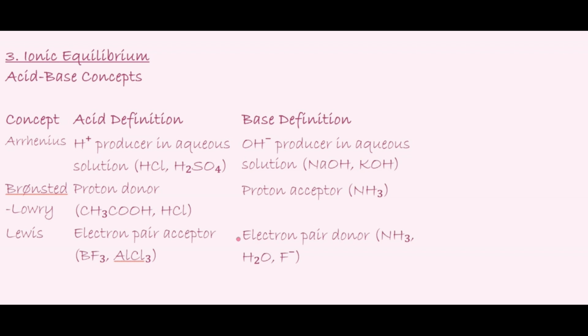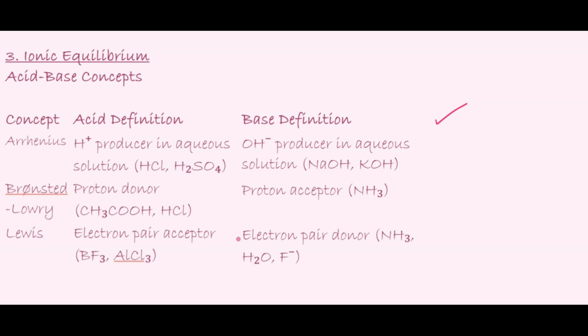The question can be asked in the way: which of the following is an Arrhenius acid? Which is an Arrhenius base? Similarly, which is a Lowry-Bronsted base? Which is a Lewis acid or Lewis base? So questions can be asked in this part. Please be careful. We have to know what these scientists said about acids and bases.